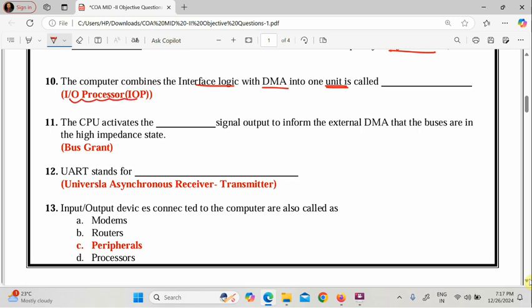The CPU activates the dash signal output to inform the external DMA that the buses are in high impedance state by issuing the bus grant signal. UART stands for Universal Asynchronous Receiver and Transmitter. Input-output devices connected to the computer are called peripherals, or we also call them IO devices.